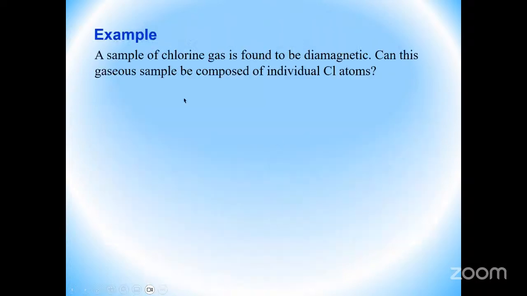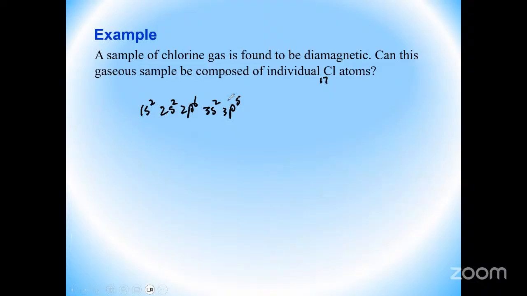So for example, this question says a sample of chlorine gas is found to be diamagnetic, which means that there are no unpaired electrons present. The question is asking, can this gaseous sample be composed of individual chlorine atoms? Well, if you draw the electron configuration of chlorine, which has an atomic number of 17, it is 1s2, 2s2, 2p6, 3s2, 3p5.